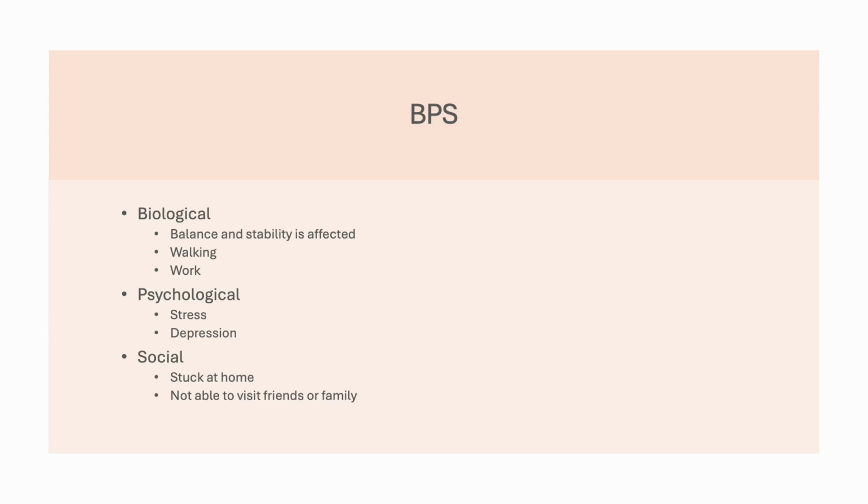Looking at the factors of the BPS model, if the patient were to be within these scores of 10 inches or less, the biological aspect of the model would be affected as the client's balance and stability would be impaired. This would affect his ability to walk and increase his risk for falls, which would prevent him from returning to work or doing any activities he needs to do.